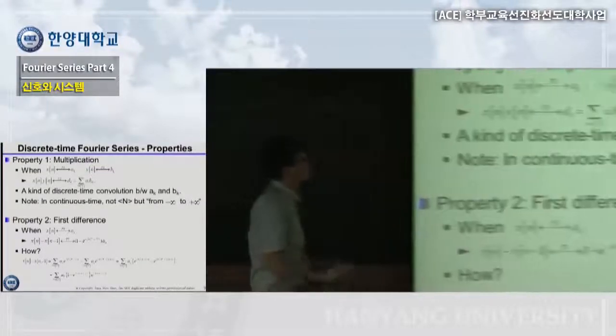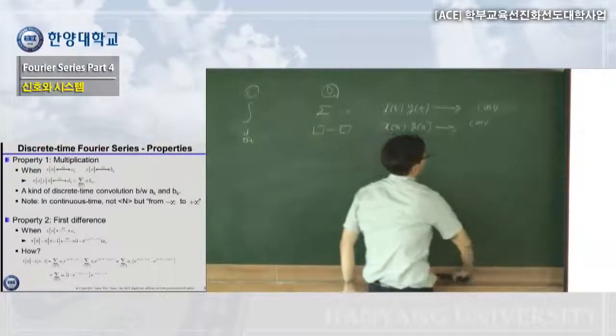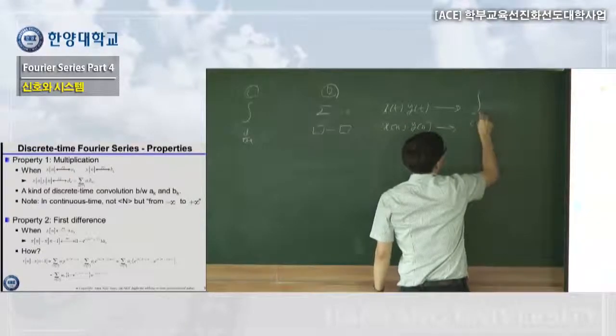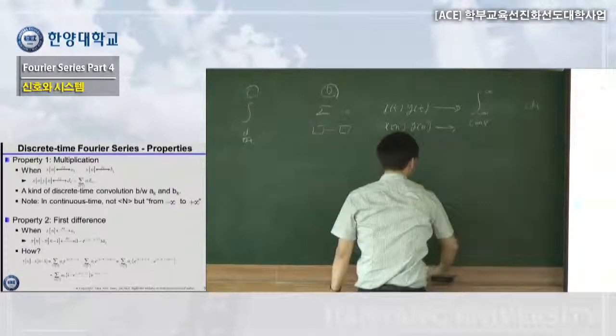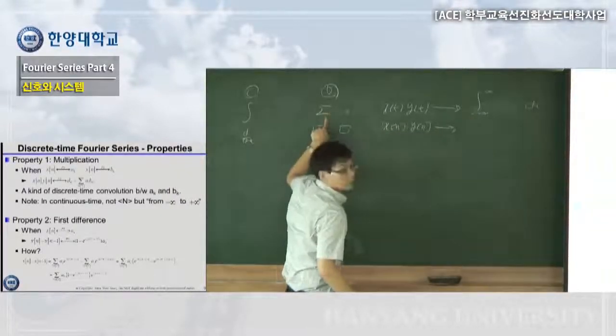But in the case of convolution, discrete time is slightly different from continuous time. In continuous time, they will have a form with integration from minus infinity to infinity. In here, integration corresponds to summation.